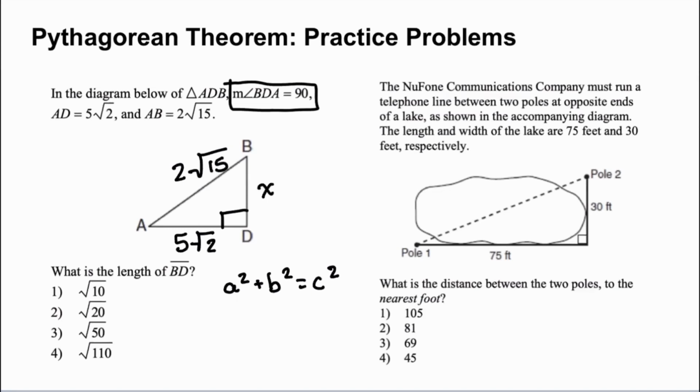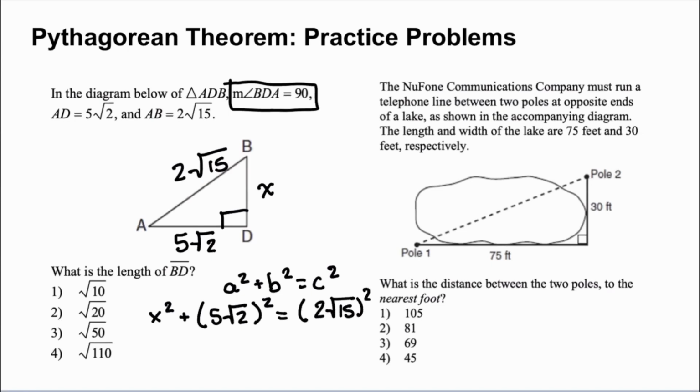So C has to be this value. It has to be on the right side of the equation no matter what. So let's fill in what we know. X squared plus 5 root 2 squared is going to be equal to 2 root 15 squared.